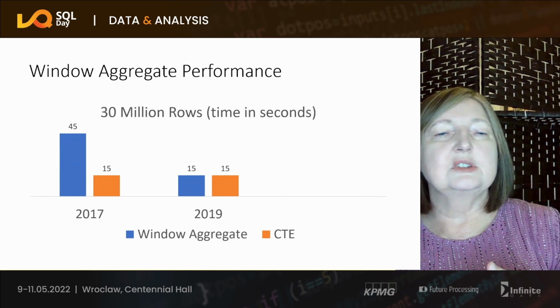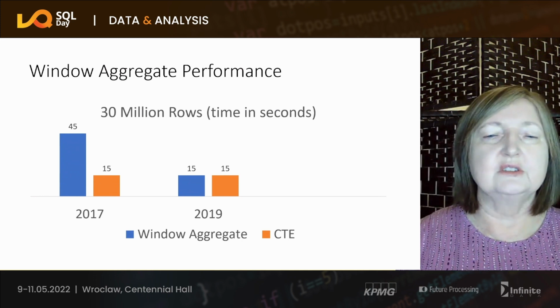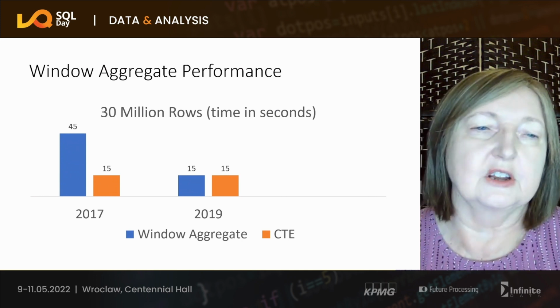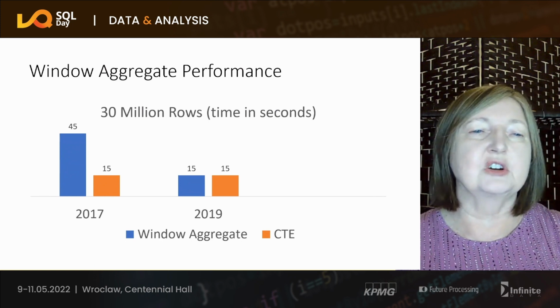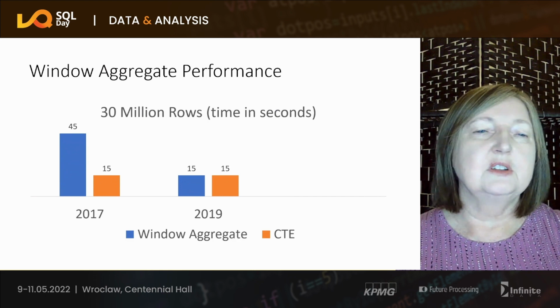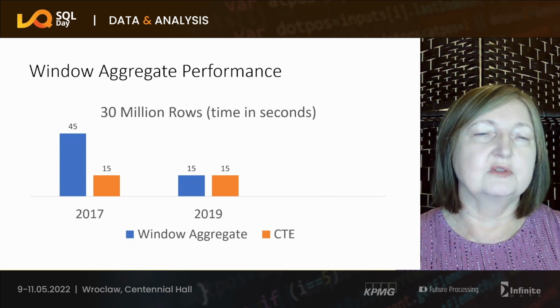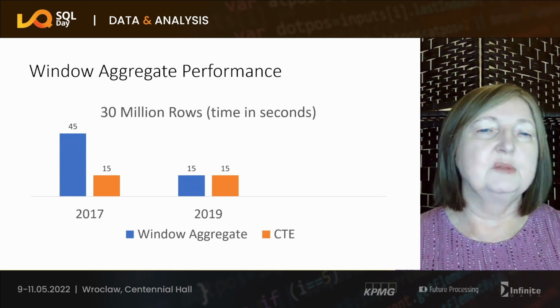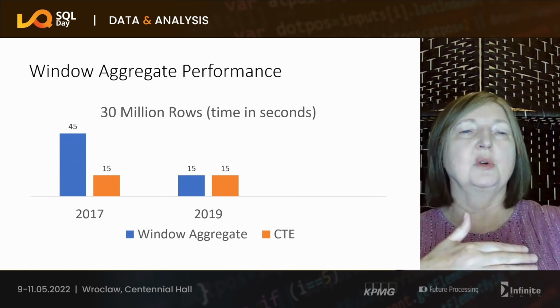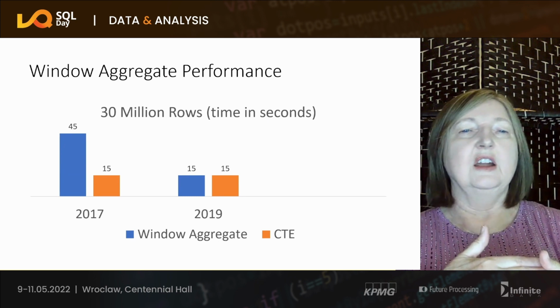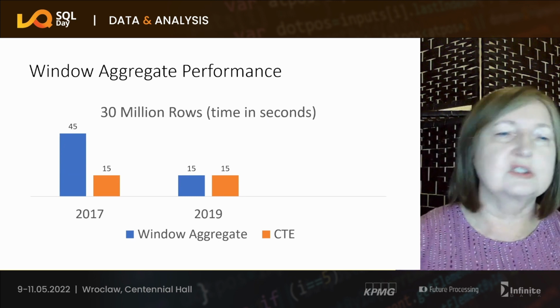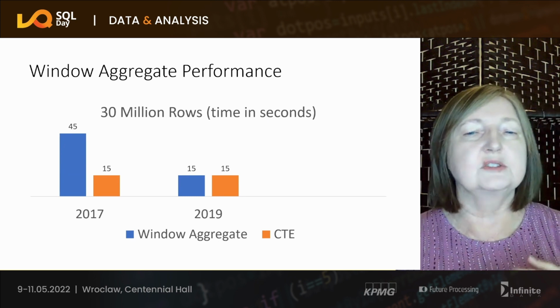If I used the common table expression, it took 15 seconds. So pre-2019, it was faster to use the common table expression for this particular one. Remember, I've taken you through all the different types of window functions, and this problem is not across the board. It's only in certain ones.